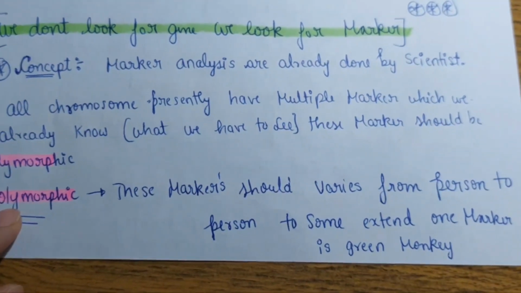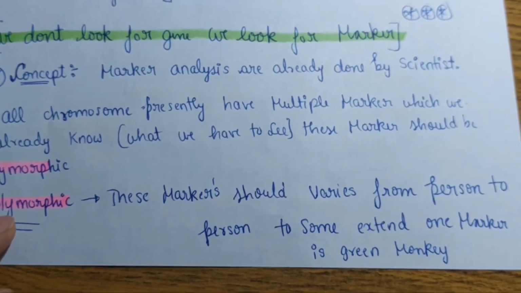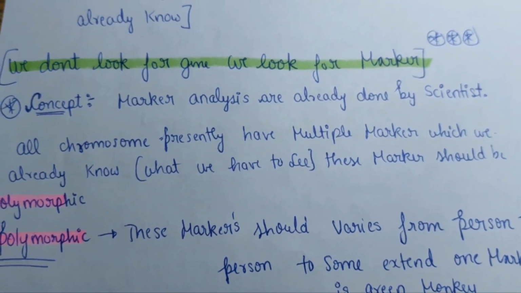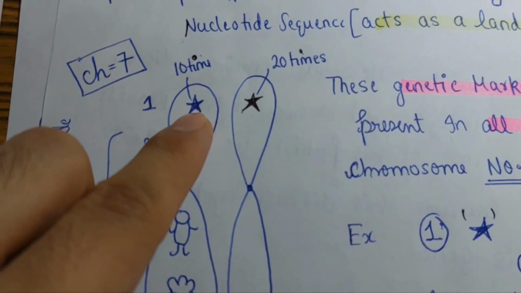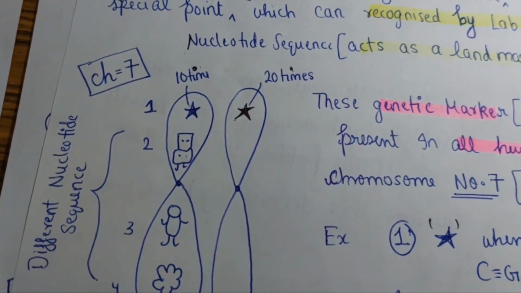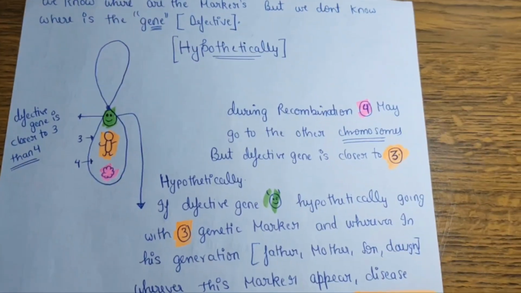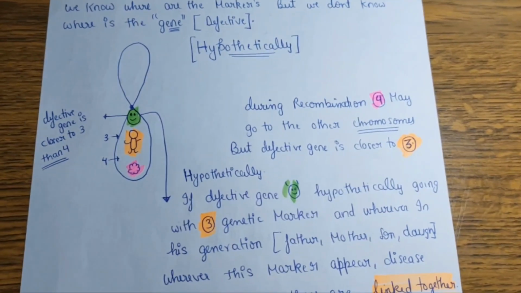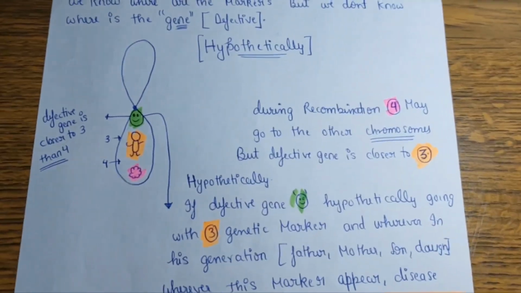That means they should be slightly different from one person to another. For example, as we remember, this person has the blue star genetic marker and this person has the black star genetic marker, so this means they are polymorphic.